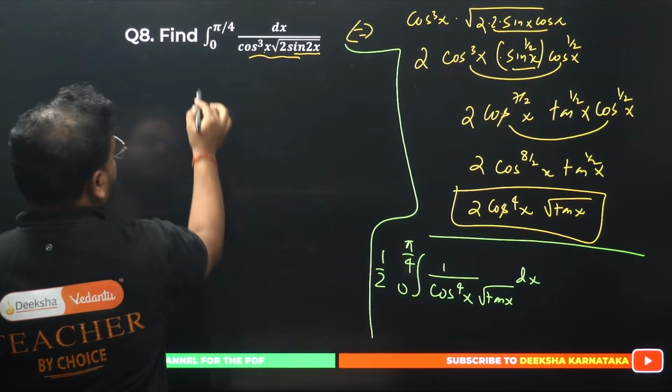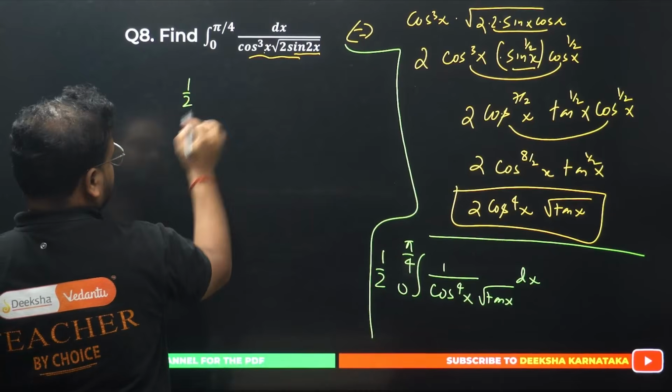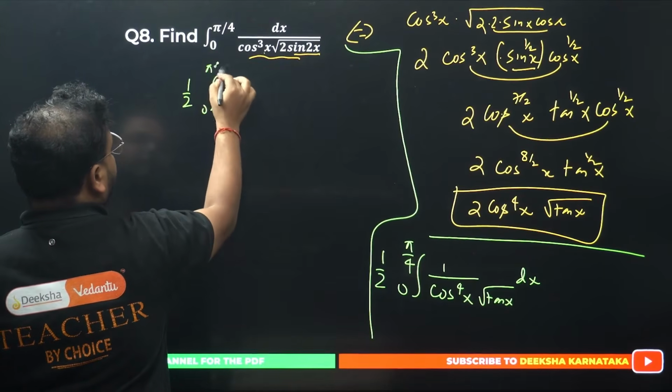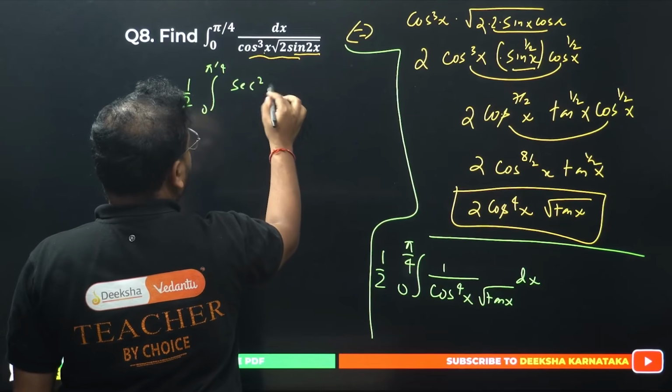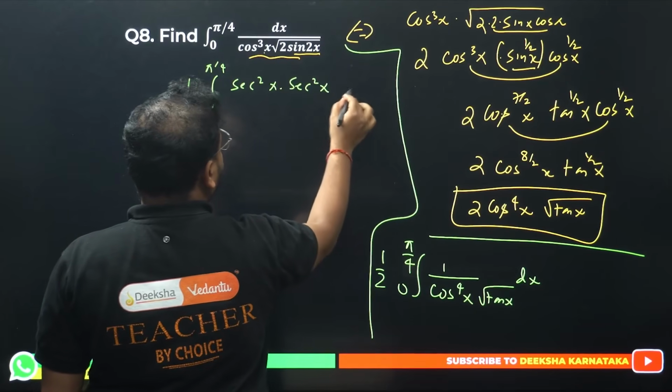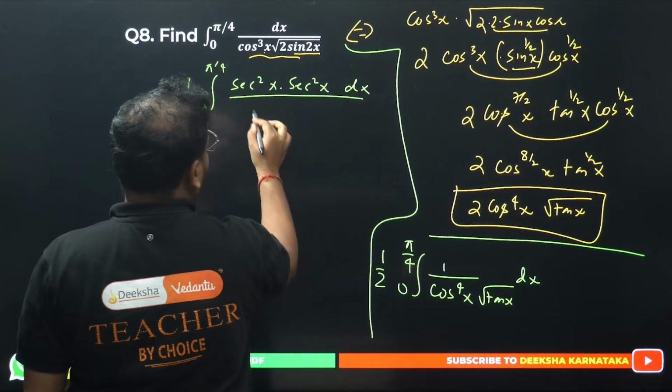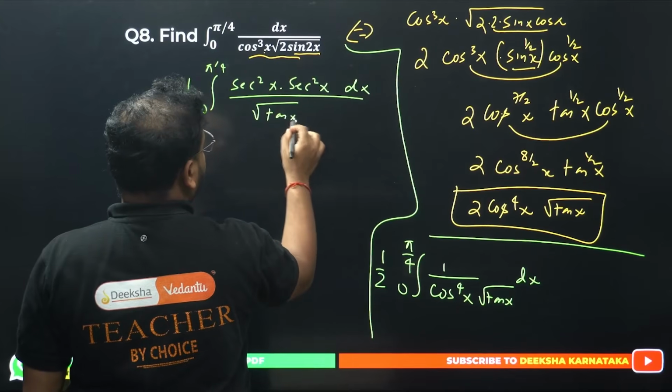Now see this, I have 1 by 2 over here, from 0 to pi by 4, and 1 by cos power 4 will become sec power 4. I'm writing sec power 4 as sec square x into sec square x dx upon root of tan x.